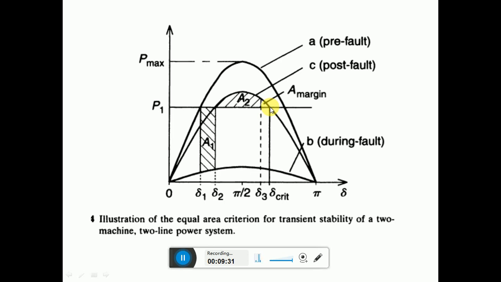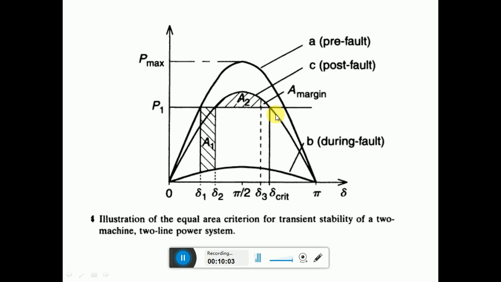Therefore after crossing this point the electrical power again becomes less than the mechanical input, so the machine will start accelerating again. It will not get that point where A1 is equal to A2, meaning the decelerating effect can't be seen, because after that point there is no chance to make the mechanical power equal to the electrical power.